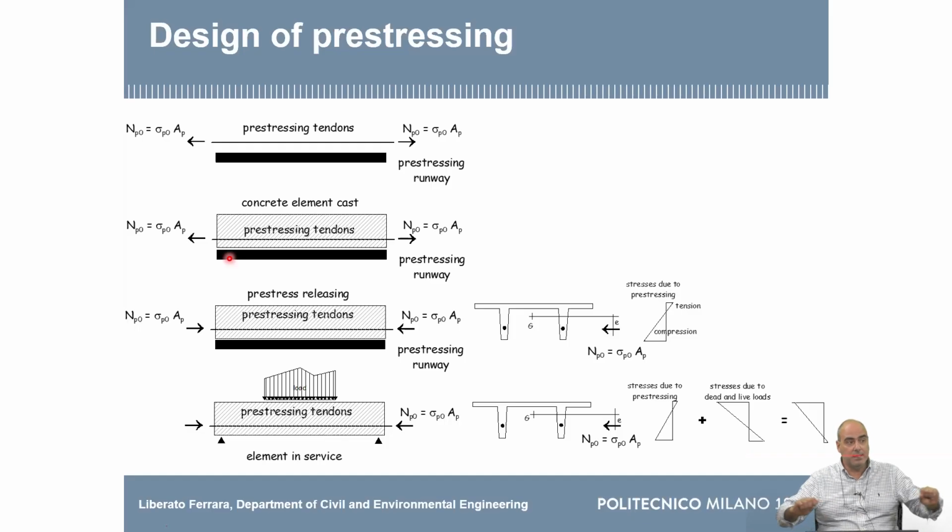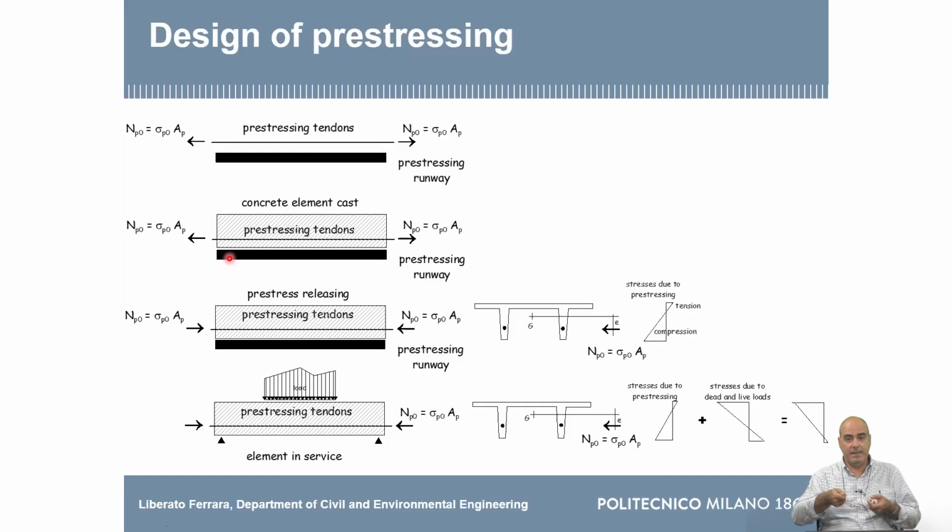At this moment, the force is only applied in the tendon. The concrete is a fresh mass of material which is not taking anything. Okay. When the concrete has developed sufficient strength, you release your jack.